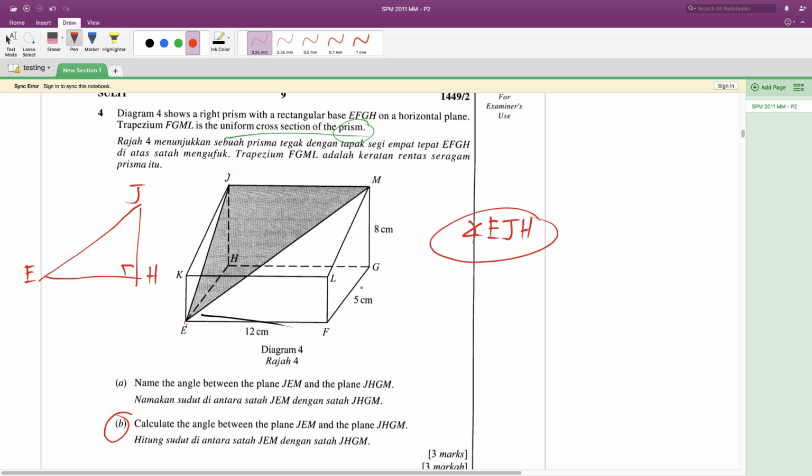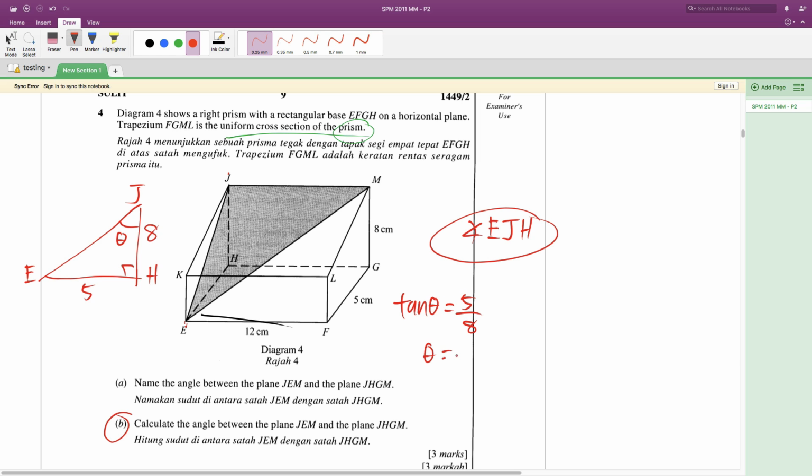From H to J here is 8 centimeter. From E to H over here is 5 centimeter. Now I want to find this angle, so I will use tangent. Tangent delta is opposite over adjacent, 5 over 8.